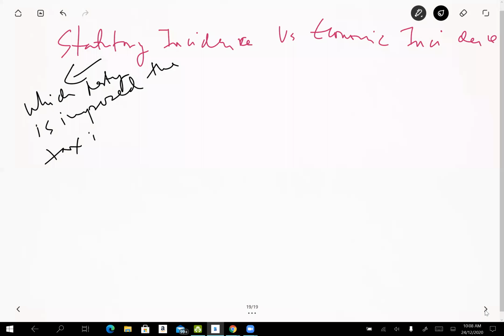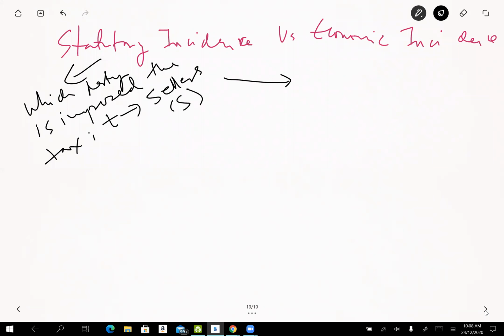And in our analysis so far, the tax is imposed on the sellers or on the firms, so that affects the supply function. Now, as we can see, the economic incidence is different. That is how the behavior in the market changes, or how the tax imposed on the sellers changes the behavior of the economic agents in the market.